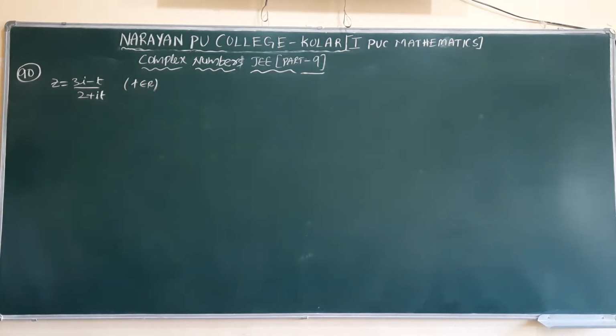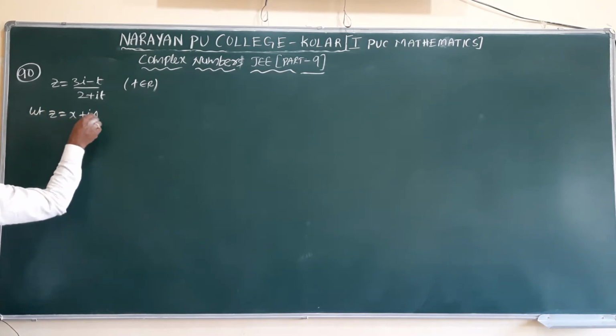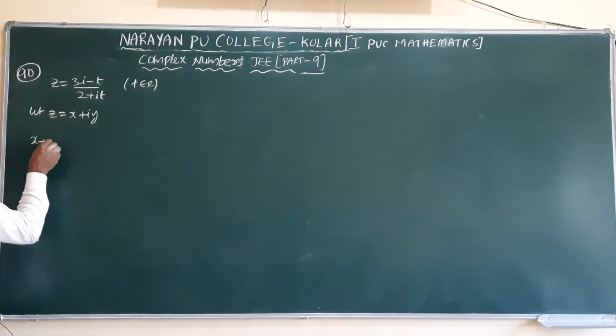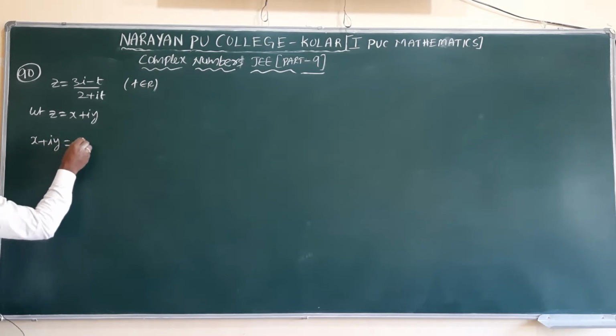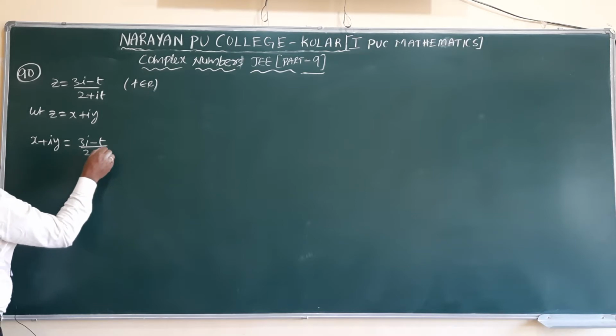Here let z is equal to x plus iy, x plus iy is equal to 3i minus t divided by 2 plus it.